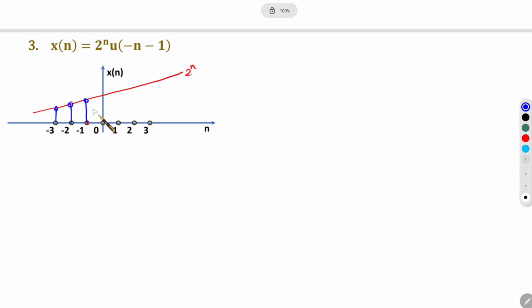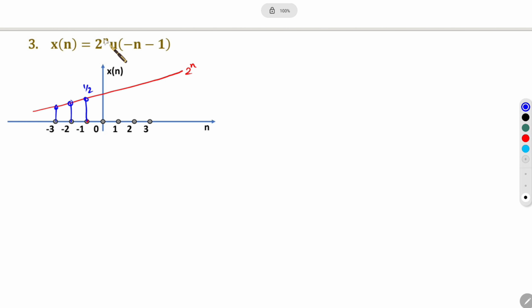So we have a signal with maximum amplitude over here at minus 1, that is half, and at minus 2 it will be 1 by 4, at minus 3 it will be 1 by 8. That is how the amplitudes are. The highest amplitude is half, and towards negative infinity it is decreasing. So we have finite amplitudes addition, which means the given signal will be an energy signal only.